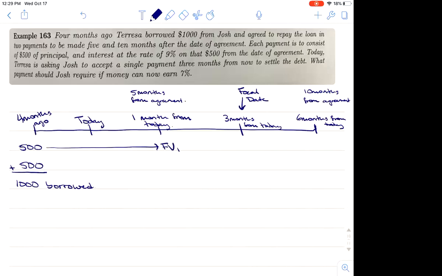This next 500 was supposed to be paid back 6 months from today. So here, this little guy is going to be some future value 2. We'll jot down how long these arrows are. T for this first one, we can say is 5 months. T for the second one must be 10 months.